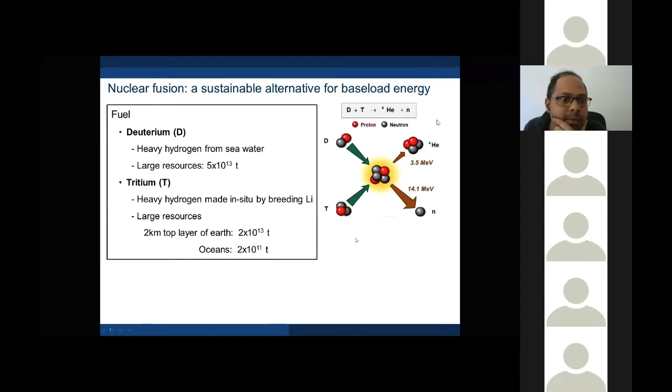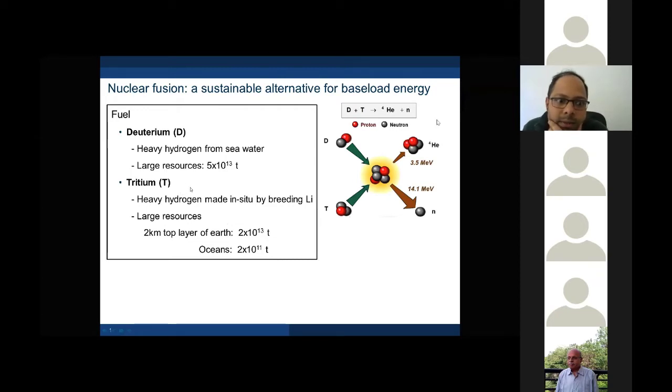Deuterium is a heavy hydrogen and is abundantly found in seawater, and there are enormous resources even in the Earth's crust. Tritium has a half-life of around 12 years, so it is not naturally found; anything that would have been on Earth would have been lost by now.